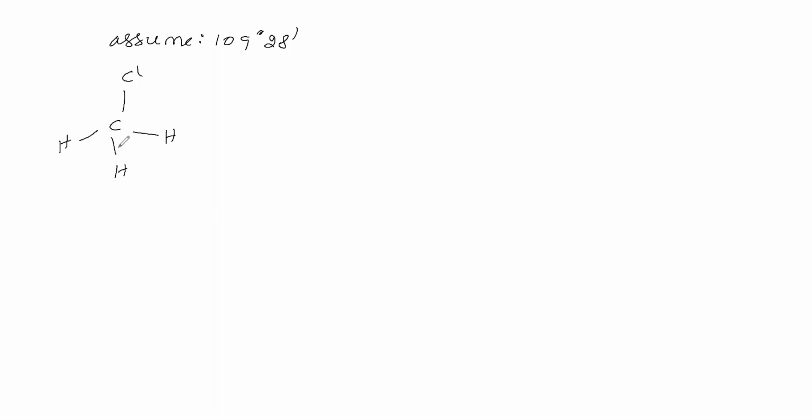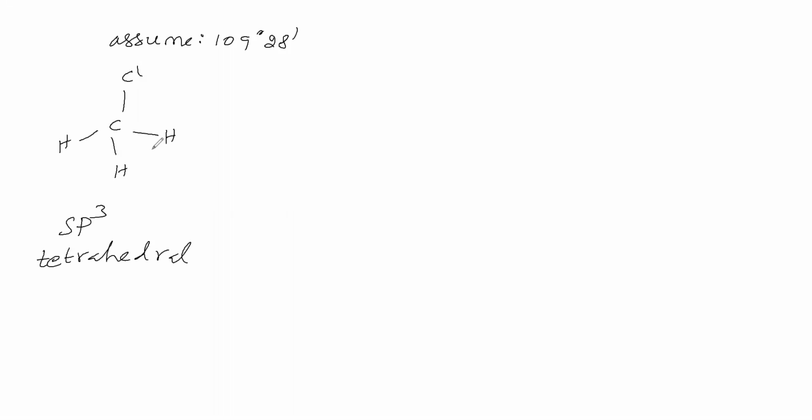This carbon has 4 sigma bonds, and 4 sigma bonds means sp3 hybridization. This carbon does not have any lone pair, therefore the shape is tetrahedral. We have assumed the bond angle is 109 degrees 28 minutes, but surrounding atoms are different, therefore we have to check this value.